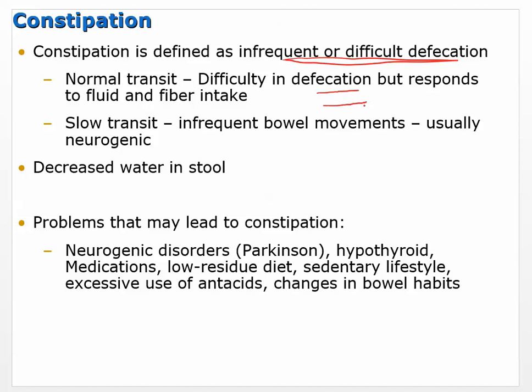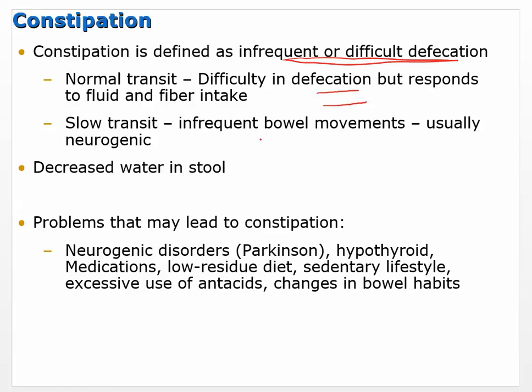And so there may be difficulty with defecation just because it's a little more compact, and so it's harder for the colon, the large intestine, to push it through. That may be the cause of it. So things are in general working the way they're supposed to, but there's not enough fluid or fiber to manage it.